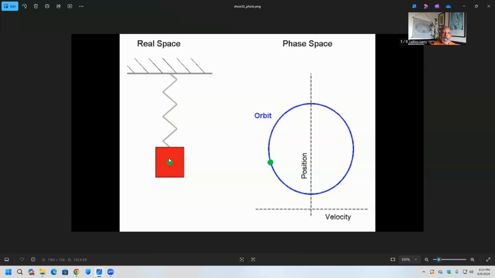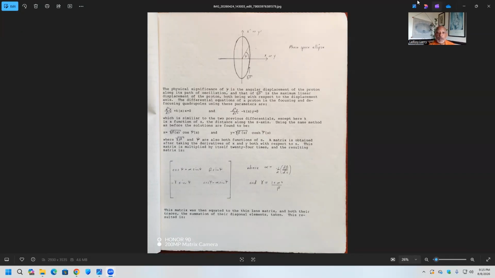And because it's periodic motion, it repeats itself in phase space, you can express this in the same way, a periodic motion, which is expressed in that phase space ellipse I drew. Okay, all right, let's go back to this. So again, here's that phase space ellipse, which is equivalent to what I just showed you with respect to a physical spring with an object attached to it. All right.